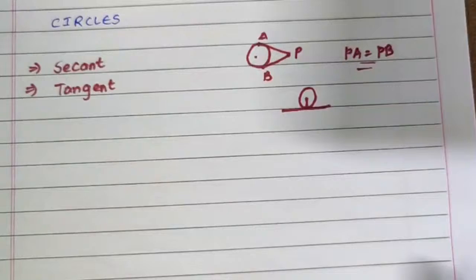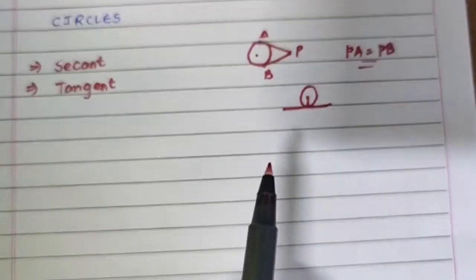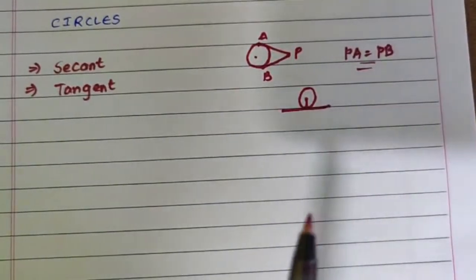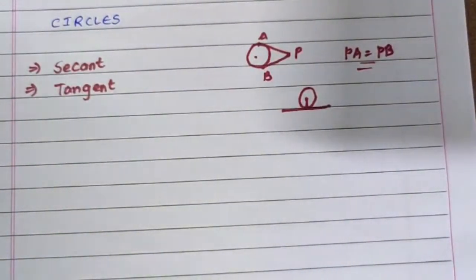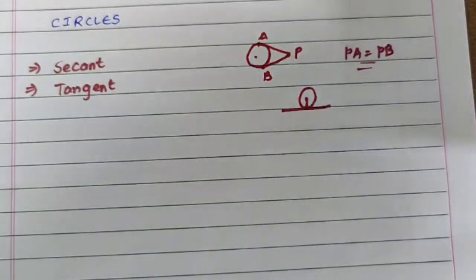And 1 mark questions can be asked, like how many tangents can be drawn from an external point, how many tangents can be drawn from a point inside a circle, how many tangents can be drawn at a point on the circle, how many tangents can be drawn to a circle. At a point it is only one. Infinitely many tangents can be drawn to a circle.